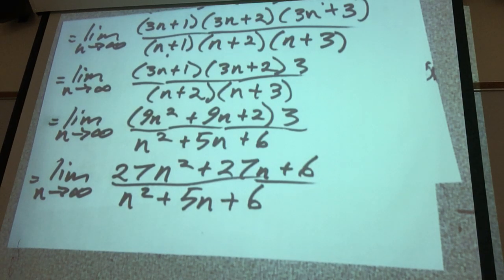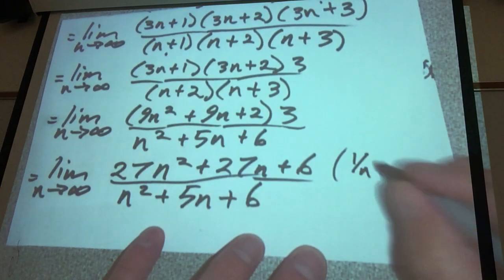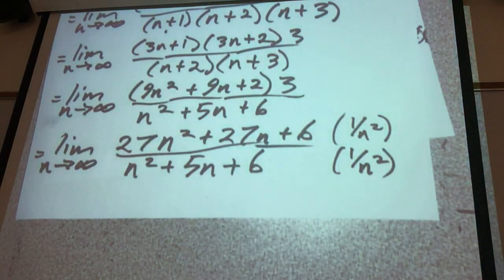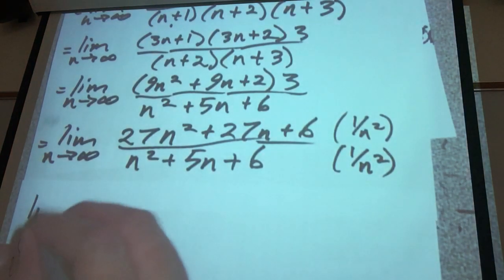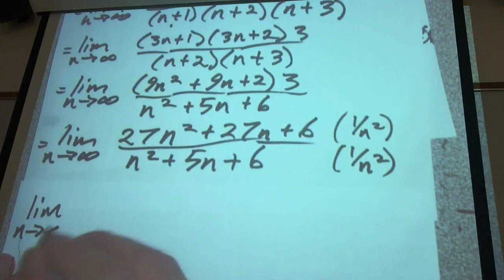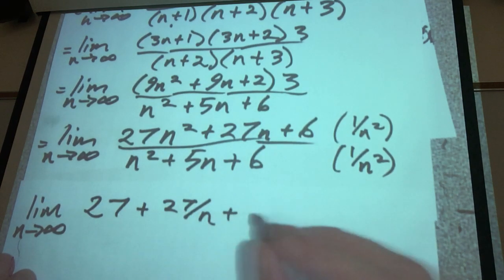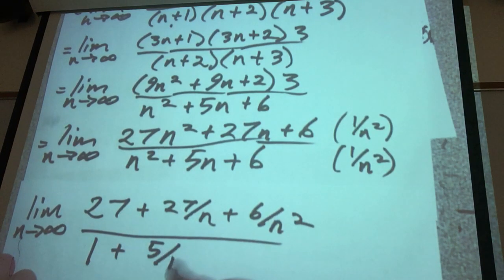Now we got to a point in the problem where we can say, all right, let me divide by the highest power on this one. So that's going to become the limit as n tends towards infinity of 27 plus 27 divided by n plus 6 divided by n squared, over 1 plus 5 divided by n plus 6 divided by n squared.